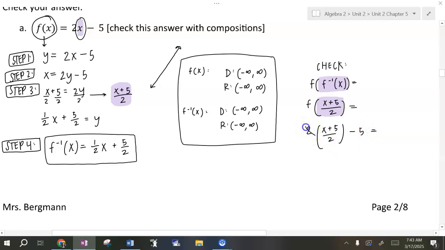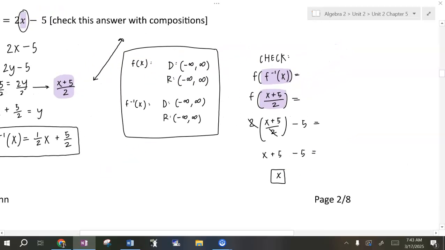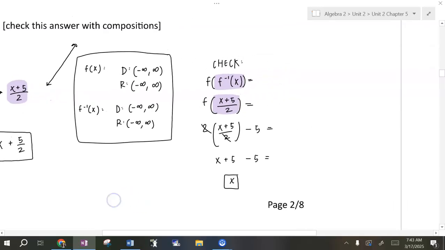So simplify that. The 2's will cancel out. So we have x plus 5 minus 5. Since I went ahead and did the multiplication by 2 and it canceled out, I can drop those parentheses. So I end up with x plus 5 minus 5, which just simplifies down to x. So far, that's good. When you plug in 1, you simplified it all the way down to x.